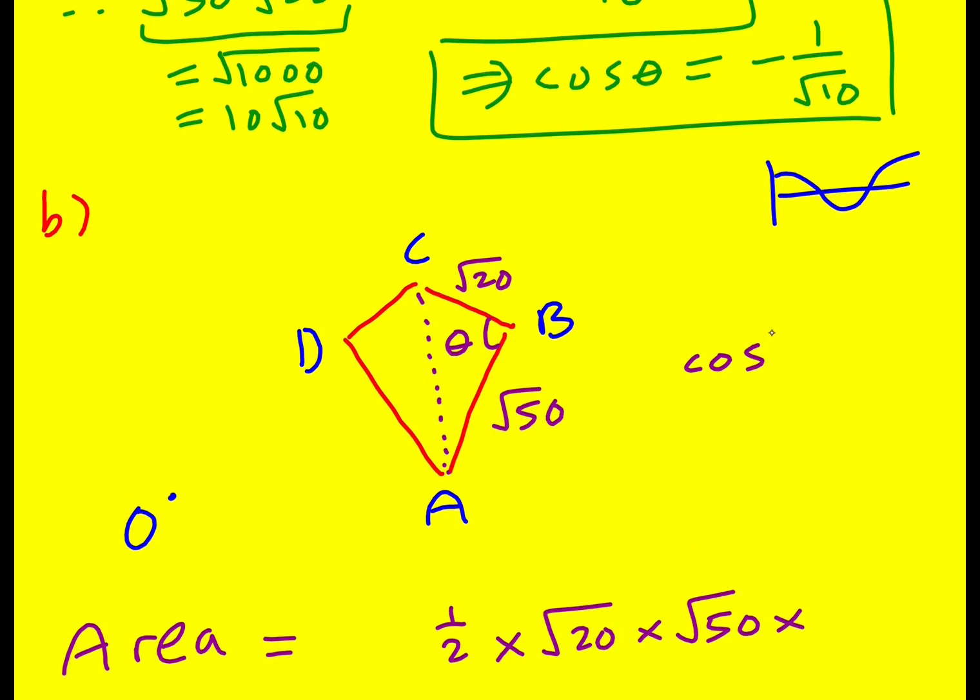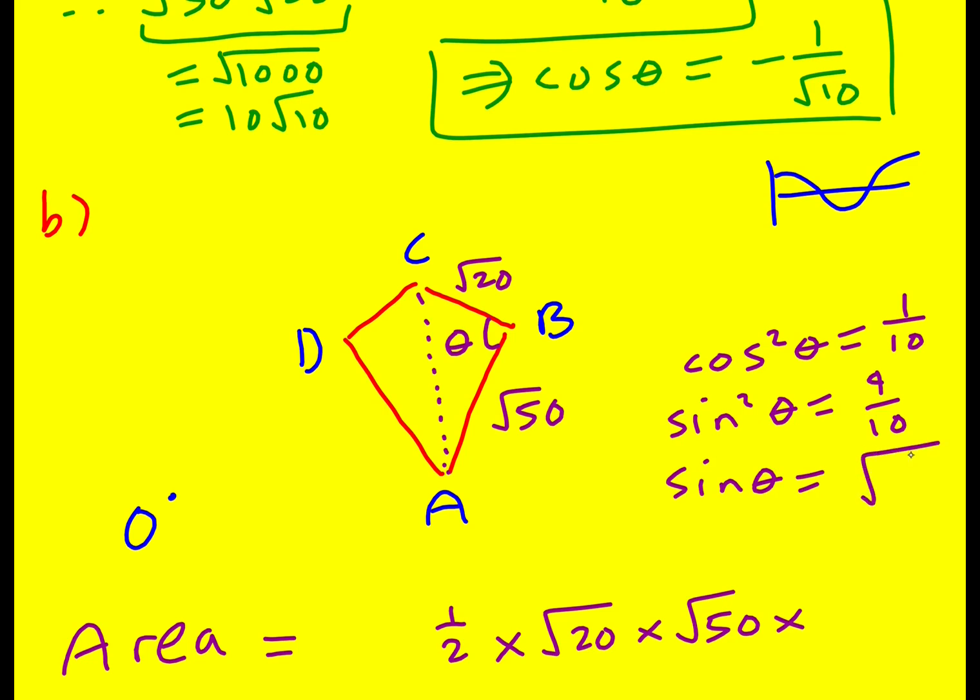But we can say that cos squared theta is going to equal 1 over 10. And therefore sine squared theta is going to be 1 minus that. It's going to be 9 over 10. And therefore sine theta is going to be the square root of 9 over 10, plus or minus technically. Now we just need to be careful.